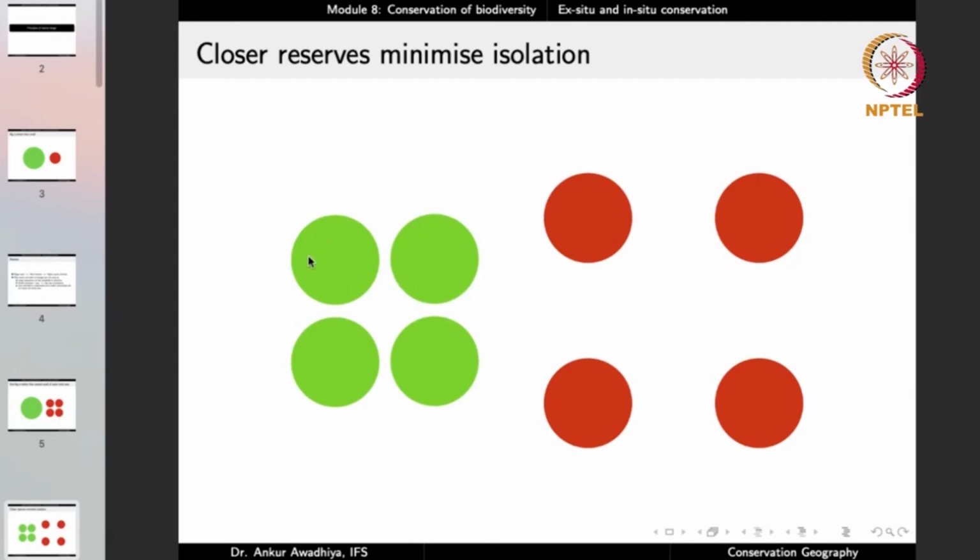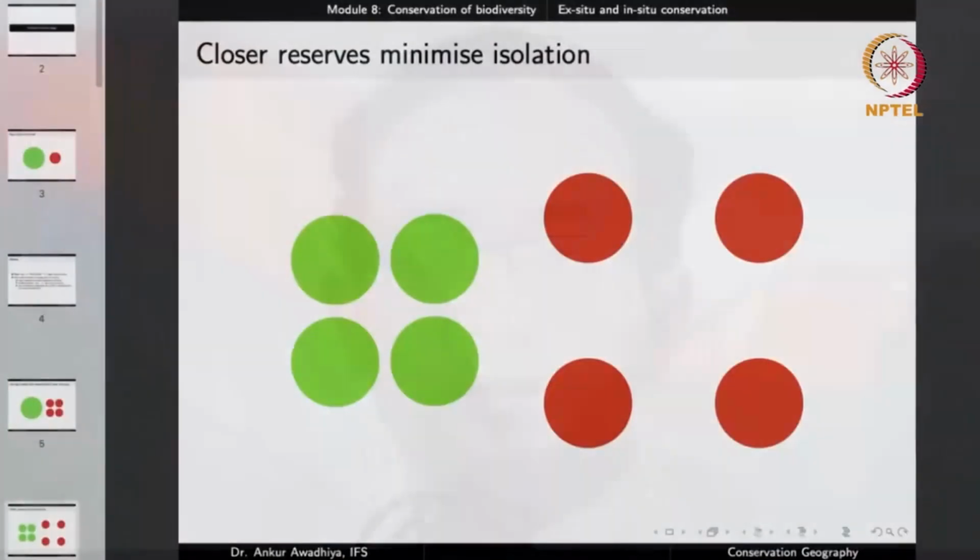And so there will be certain source populations and certain sink populations, and continuous movement between these populations will happen in such a manner that the small population dynamics are more or less countered. Now this is only possible when you have these small populations that are close together, clustered together.